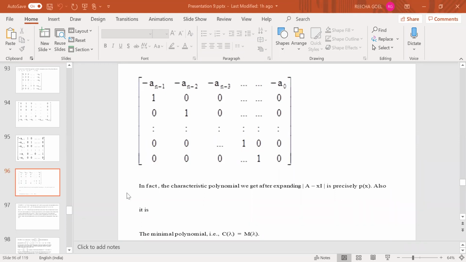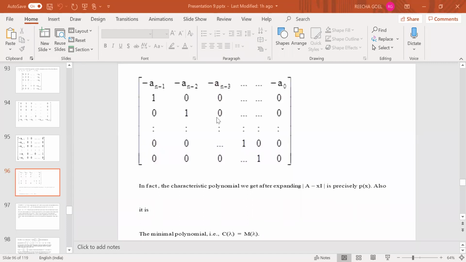Okay. So if I mention this matrix as A, and then I consider the determinant of A minus xI, then on expanding this, not only am I going to get the characteristic polynomial of the matrix, at the same time that particular polynomial is going to be the minimal polynomial also.